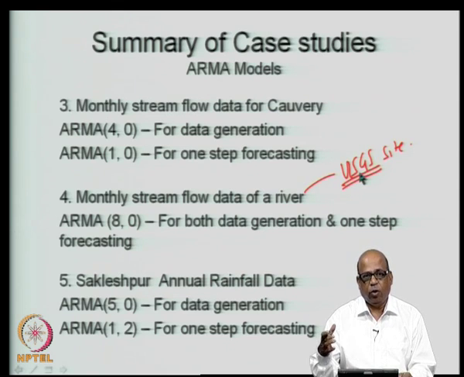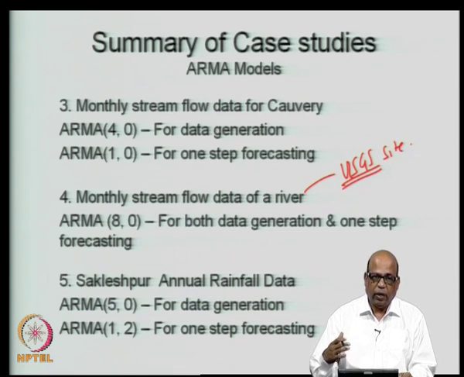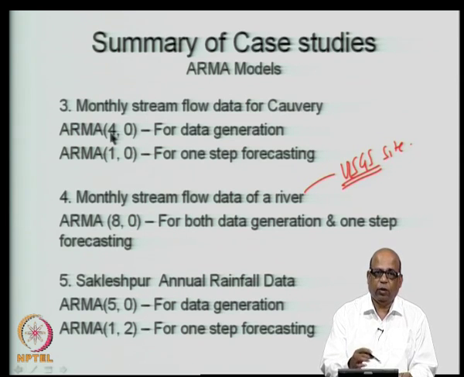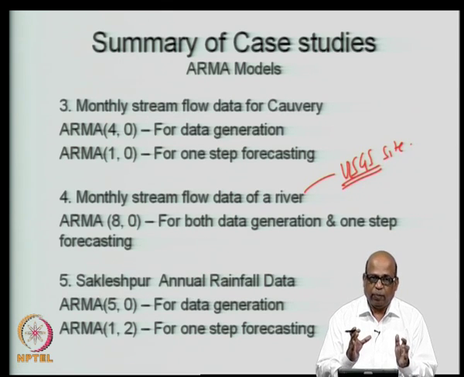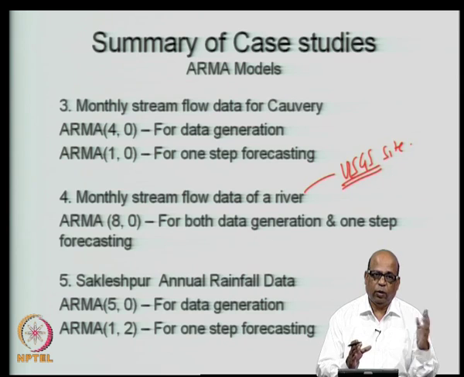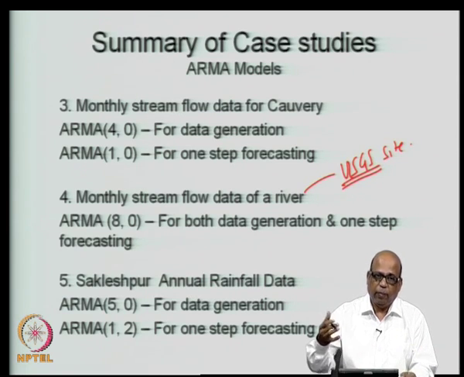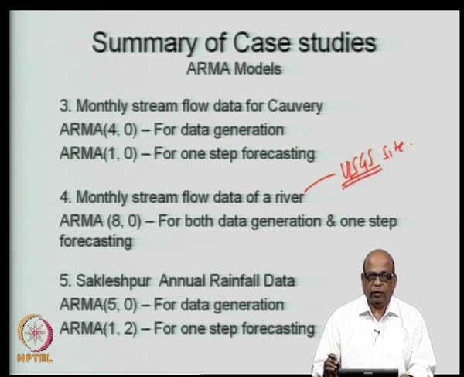So, it depends on what kind of physical processes are in fact generating the particular time series that we have observed, and based on that you get different types of models coming up, because the dependence of values observed at a particular time on those observed at some other time depends on the type of physical processes that are governing that particular process.